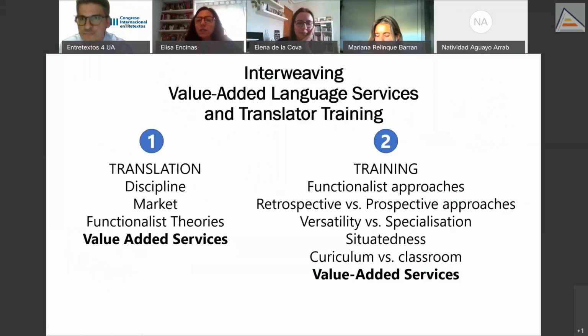There are a few ideas that I would very quickly like to go through, only to make sure that I lay the foundations of a few concepts so that we all know what we are talking about. Because most concepts in translation studies, as you know, are very elusive, and we all have our own idea even about what translation is.